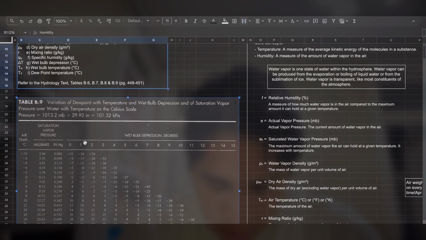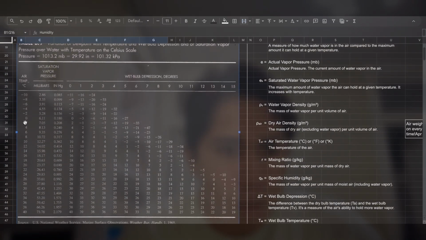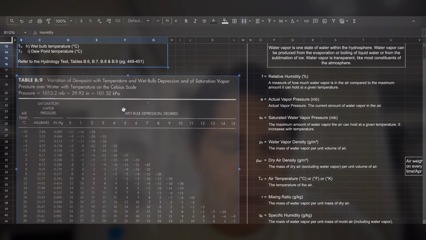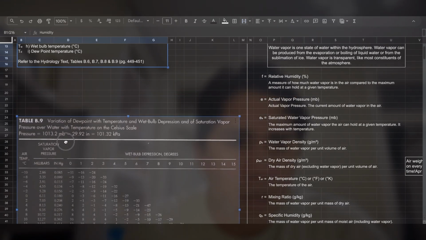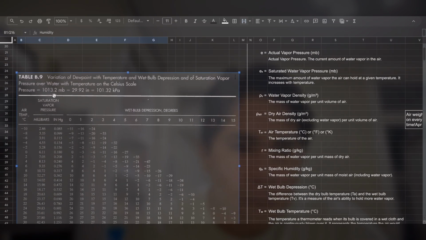Table B9 will help us because with a temperature of 25.5, we'll actually have to use some linear regression here because it's a little harder to do. So 25.5 will be between 24 and 26. Then we have a wet bulb depression of 10.5, but there is no 10.5, it will be in between these two values. So let's first find the value corresponding to 25.5.